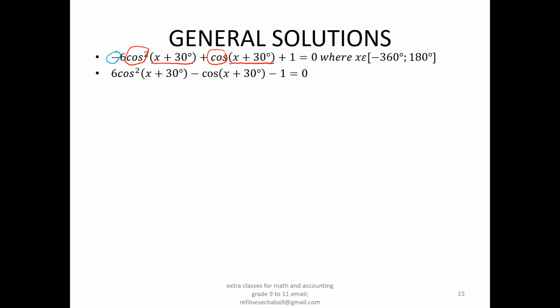I would have cos open bracket x plus 30 minus 1. Please note that there's a 6 as the coefficient of x squared. The first bracket would have a 3, and then it would be 2 cos x plus 30 plus 1.